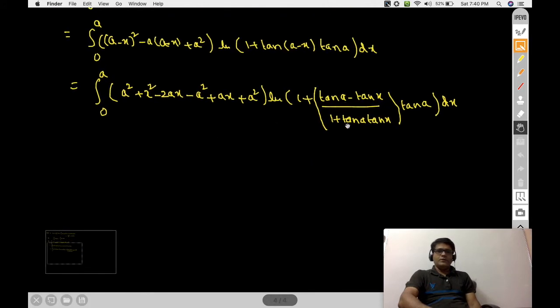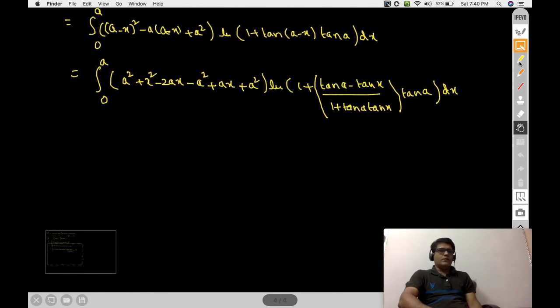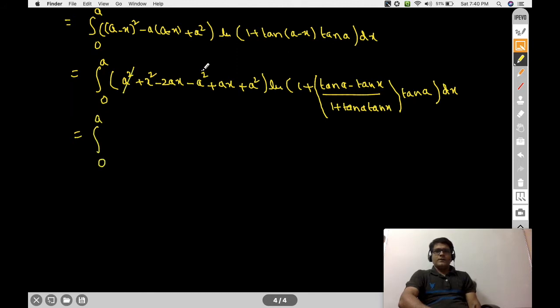Now the minus a square and plus a square cancel, so this becomes x square minus 2ax plus ax, that is minus ax plus a square.